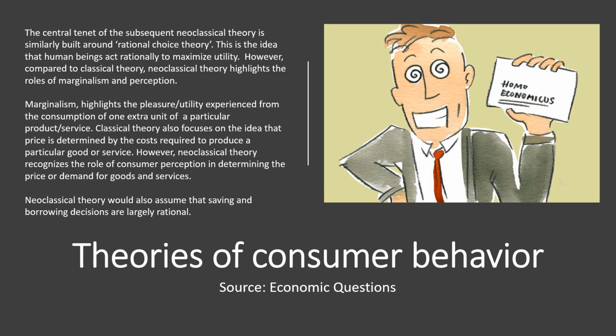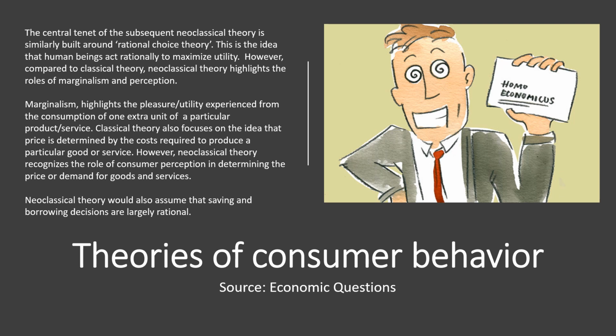Neoclassical theories of consumer behavior are quite similar in that they're built around rational choice theory. And this is the idea that human beings act rationally to maximize their level of utility or enjoyment.